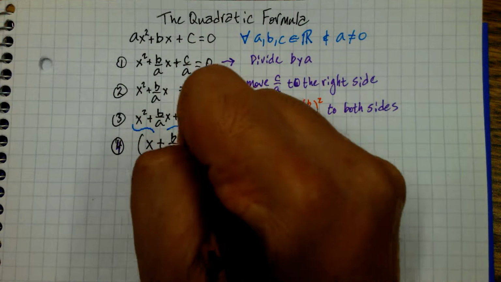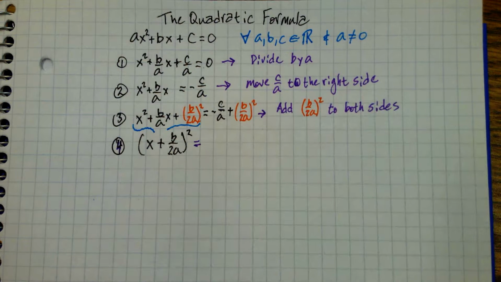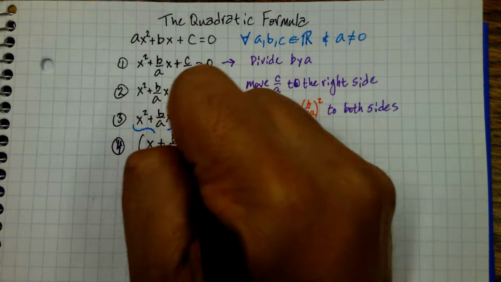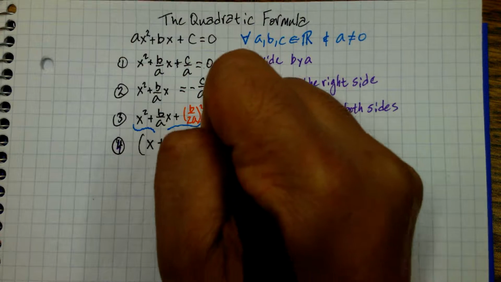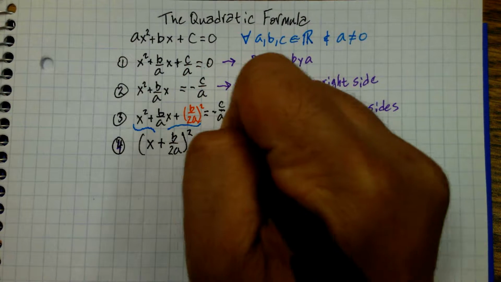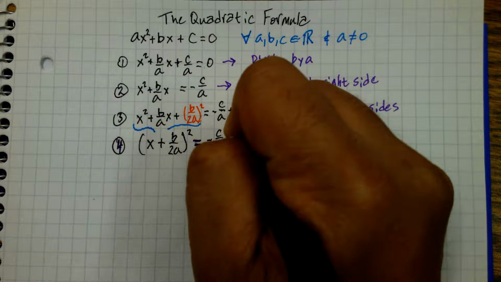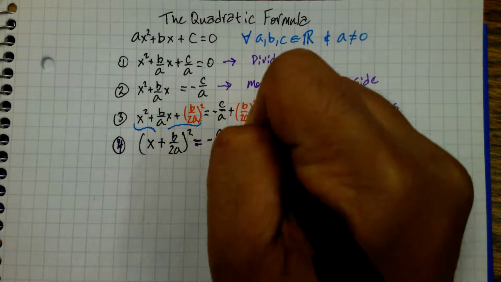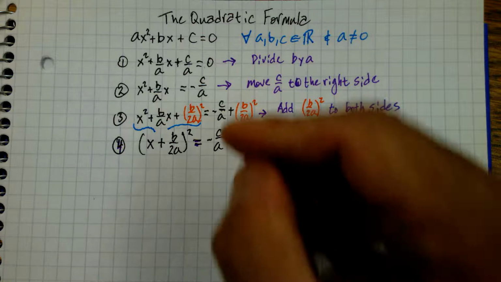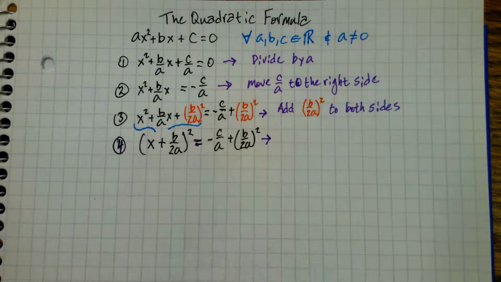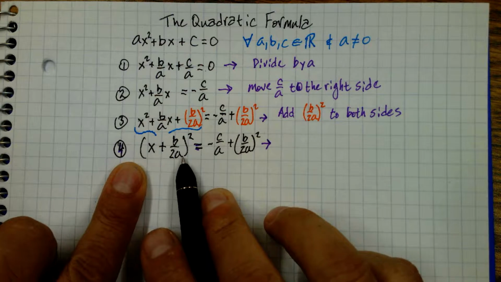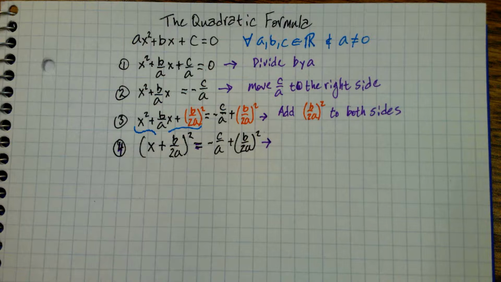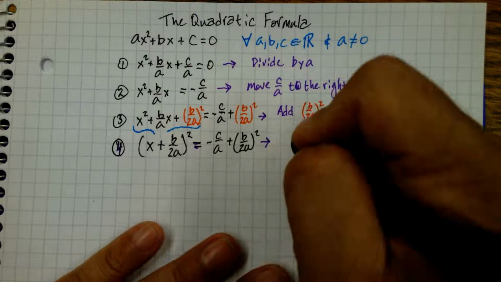Equals negative c over a plus b over 2a squared. So what did we do in this step? Yeah, we basically factored the perfect square. This turned out to be a perfect square.